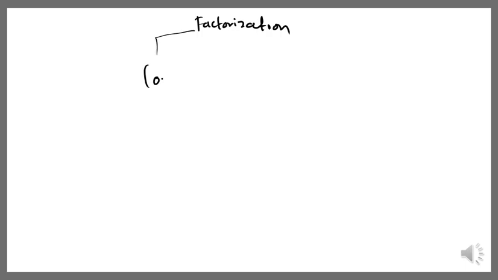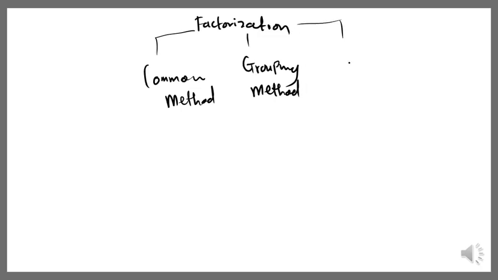So we have the common method, then we have the grouping method, and then we have the quadratic trinomials. So we talked about these three methods that we use.